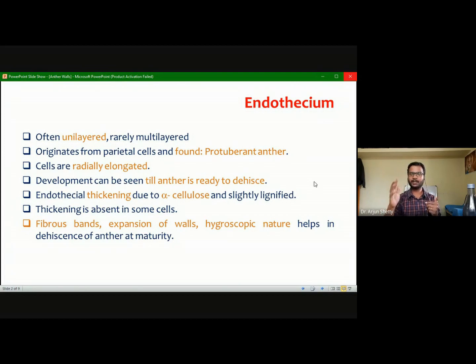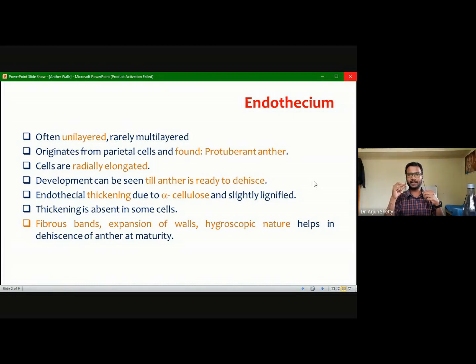Let me make it very clear that any of the walls, be it endothecium, middle layer, or tapetum, are all formed by the parietal cells, either the primary parietal cell or the subsequently formed secondary parietal cells. The formation of the endothecium begins very soon after the protuberance of the anther, as the anther enlarges and bulges from the primitive meristematic cells, oblong or irregularly quadrangular.